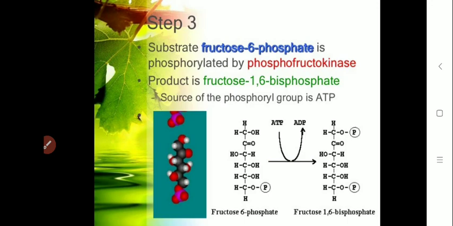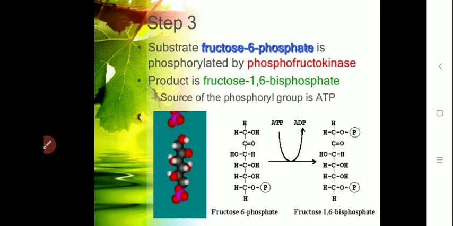Now, why is the prefix bis attached here? The prefix bis in bisphosphate means that two separate monophosphate groups are present in a single molecule, whereas the prefix di means two phosphate groups are present and are connected by an anhydride bond.